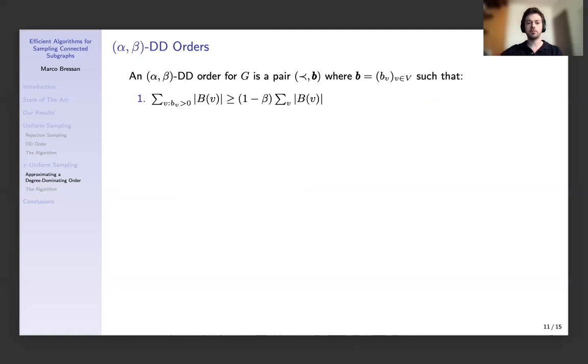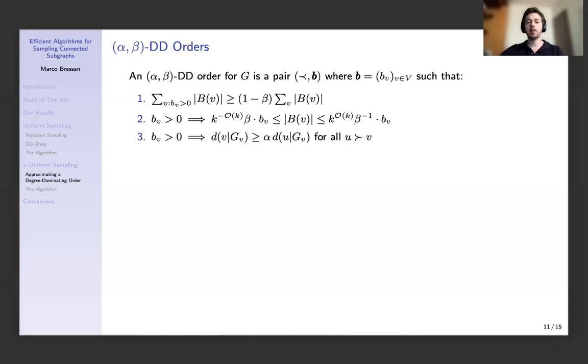First, if we look only at the vertices of G whose bucket size estimates are non-negative, so these are the buckets believed to be non-empty, well, those buckets hold a fraction at least 1 minus beta of all the graphlets of G. Second, for any bucket that I believe to be non-empty, the corresponding bucket size estimate is actually good.